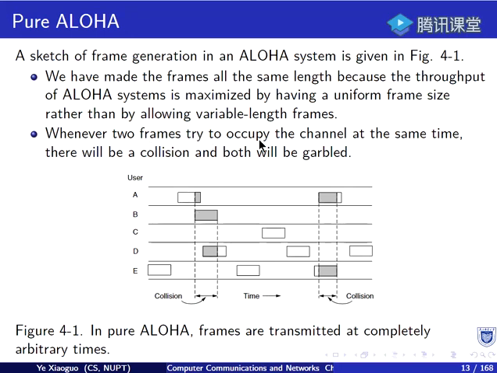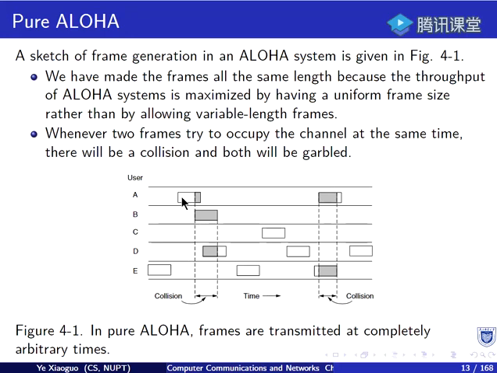When two frames try to occupy the channel at the same time, that means at the same time more than one sender is transmitting.